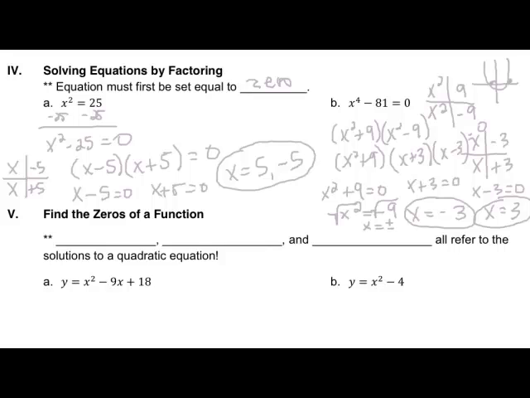If you were to plug the square root of negative 9 into your calculator, you would get an error. We cannot take the square root of a negative number, so there is no solution here. Later on in this unit we're going to find out what to do with negative square roots, because they're what we call imaginary numbers. But for now, there are only two real solutions, negative 3 and 3.